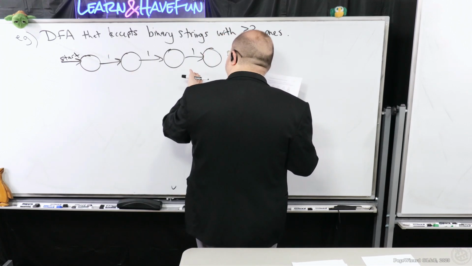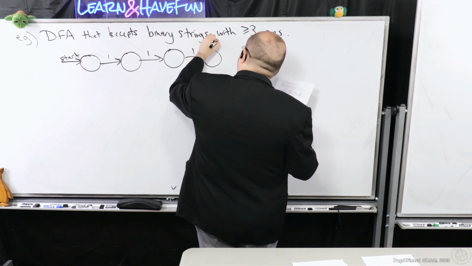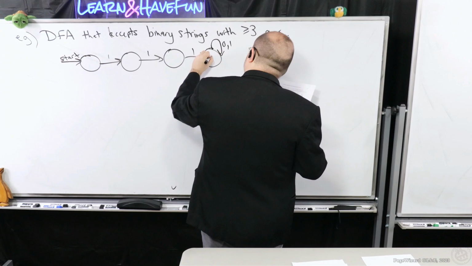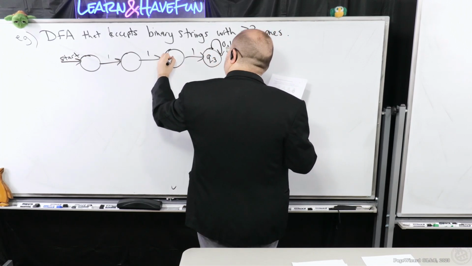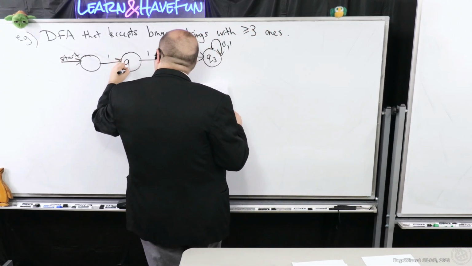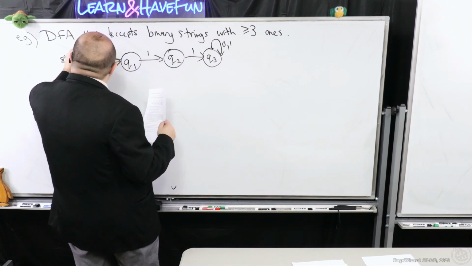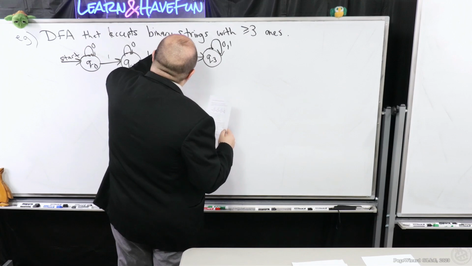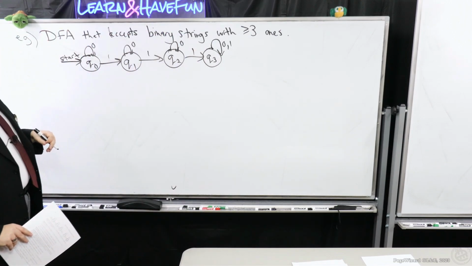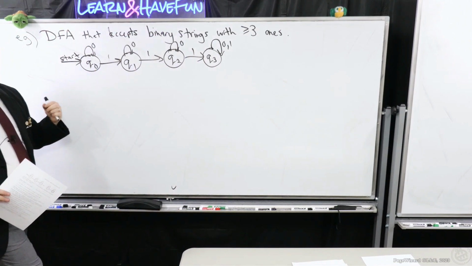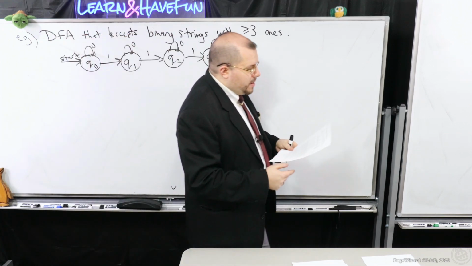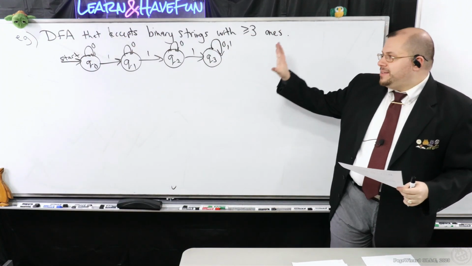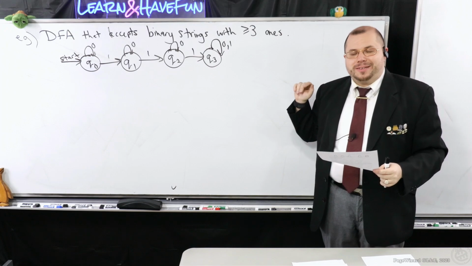So you have to read at least 3 to get there. And then you can have more, right? So you can have 0, 1. So this was the DFA that we had last time, one that we did consider when we were designing the DFAs.